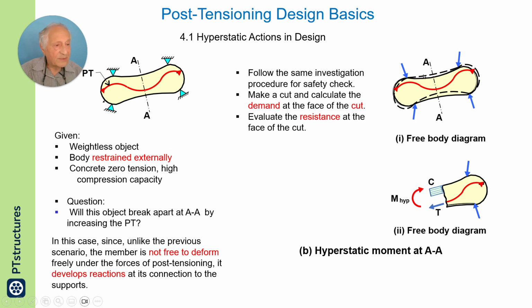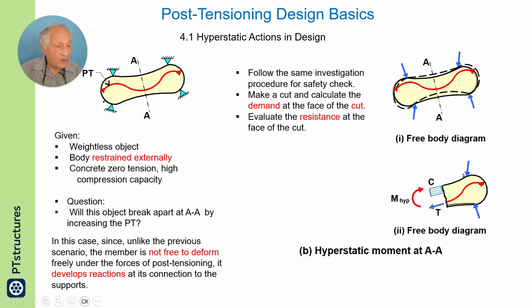The member moves elsewhere, but not at the supports. As a result, you develop reactions at the supports because of constraint of the member.